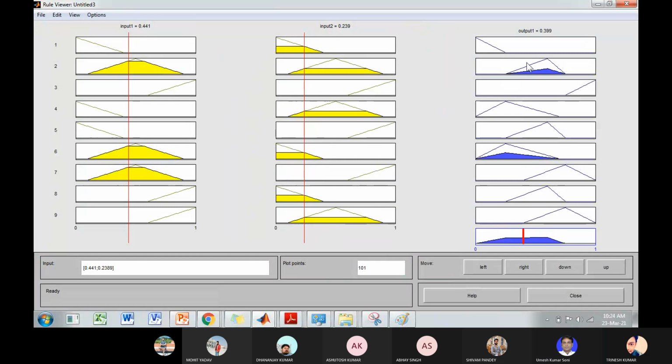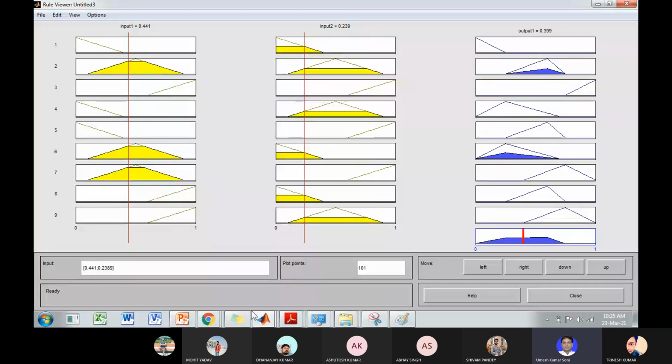However, when we take the sum of all these areas and then select the centroid, that is the center of sums method. So we calculate the centroid of the total overall area in the case where the aggregation is sum.